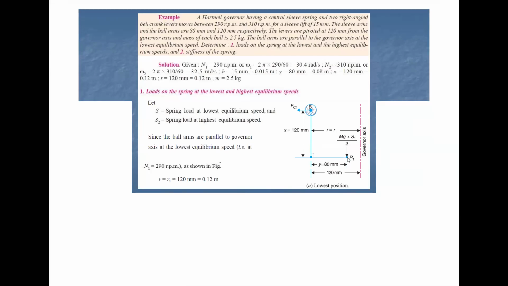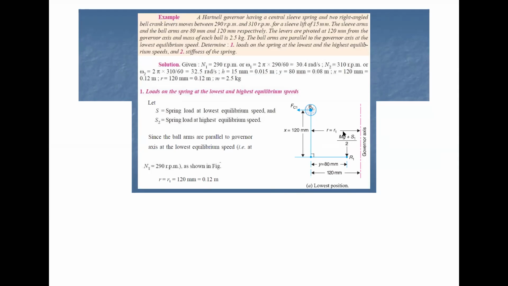Now all of you observe that. What forces are there? The fly balls have centrifugal force acting towards the right side, and our bell crank lever carries some weight: the sleeve weight, or sleeve mass, that is capital Mg, plus S1 by 2.